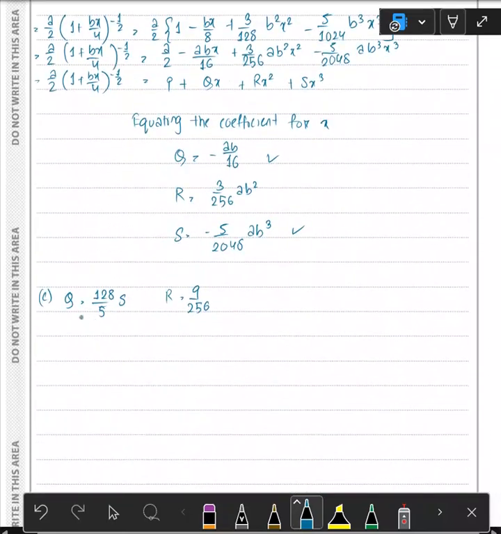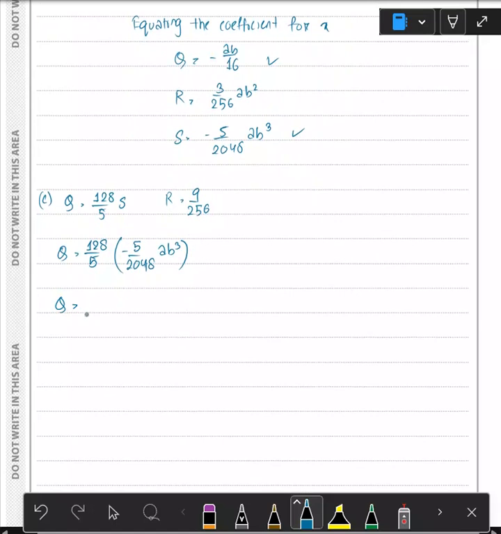They have given q to be this, so q can be further expanded, so 128 by 5, and s is equivalent to negative 5 by 2048 AB cube.